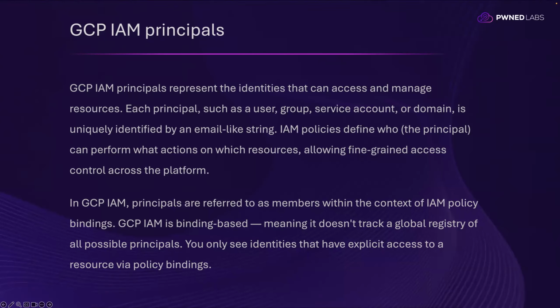So if someone has been given viewer access at the project level, or maybe some other permission, then they will be accessible in the GCP IAM policy view. If a principal hasn't been given any permissions at the project level, then you won't be able to see it in the GCP IAM project list.